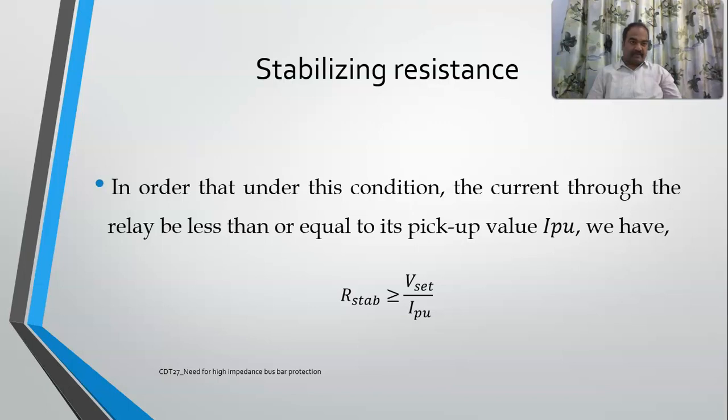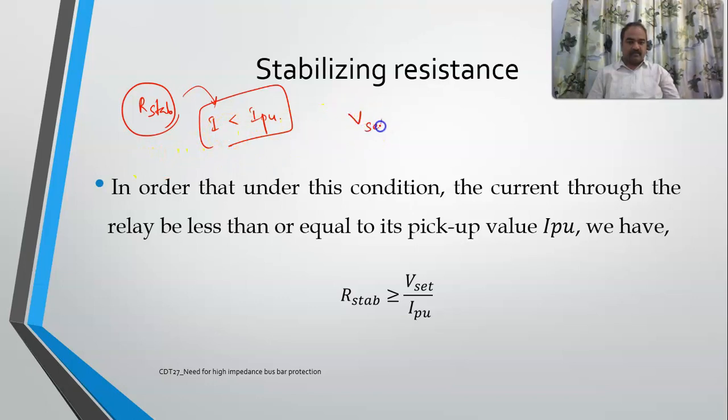So now if I place the overcurrent relay at this particular point, your current must not exceed your pickup value. So you should choose a stabilizing resistance such that it will not allow current I to exceed the pickup value. I must be less than I pickup value. This condition must be satisfied. So what is this condition now?